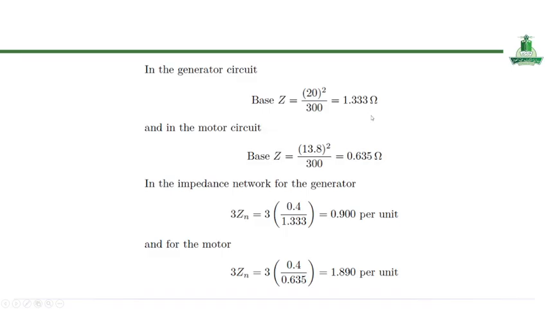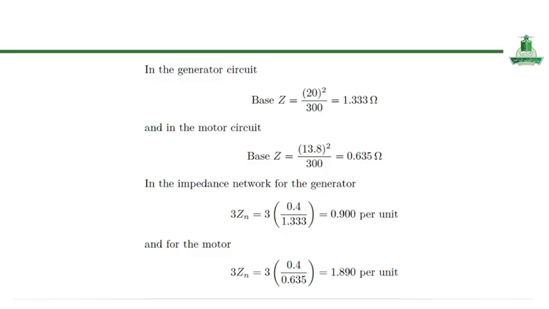Similarly, for the motor circuit, using its corresponding base voltage results in a base impedance of 0.635 ohm. So these base values are essential for converting actual impedances into the per unit system.